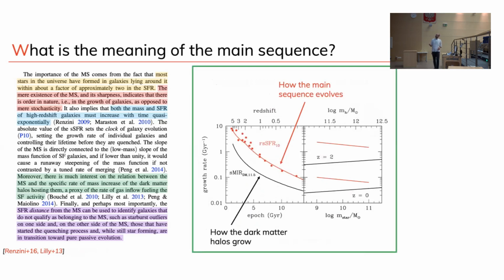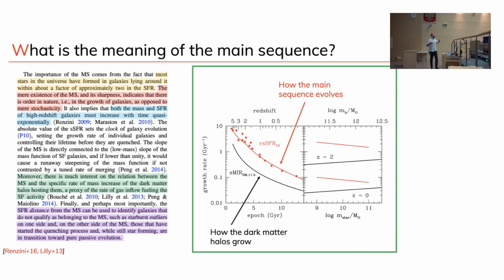Not only that, but now we start connecting a little bit more to a cosmological perspective, which is this green part here. There's much interest in the relation between stellar mass and star formation rate, or specific star formation rate of galaxies, because of the correlation that one could establish with the growth of galaxies, which is the specific star formation rate, the star formation rate over stellar mass.